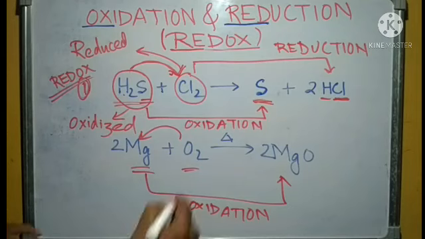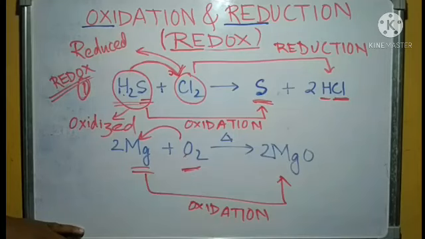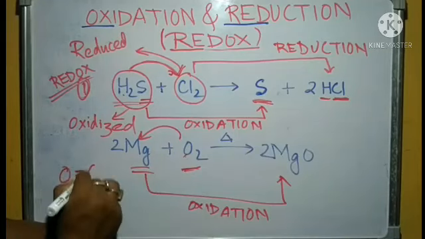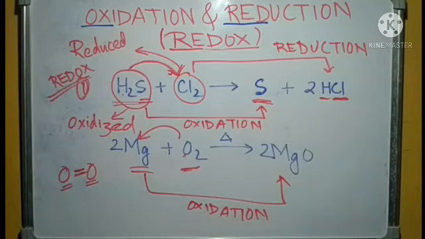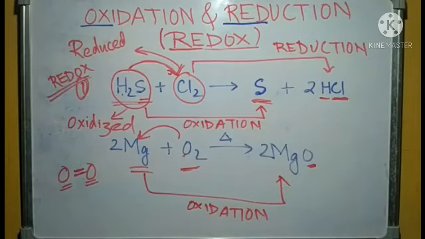But here you see O2. O2 means there are 2 oxygen atoms, because O2 is a molecule, so 2 oxygen atoms are present together. But here you see that only 1 oxygen atom is present in MgO.